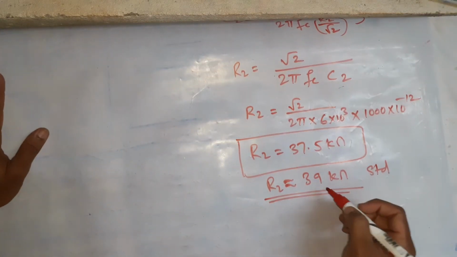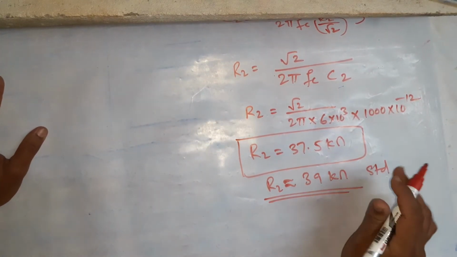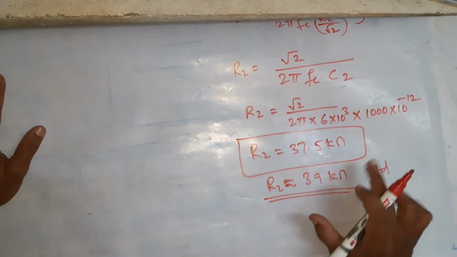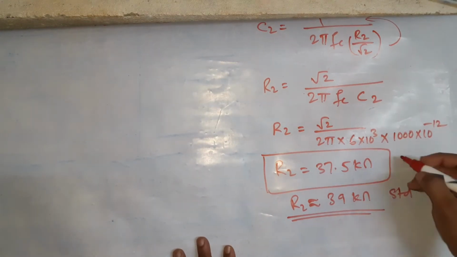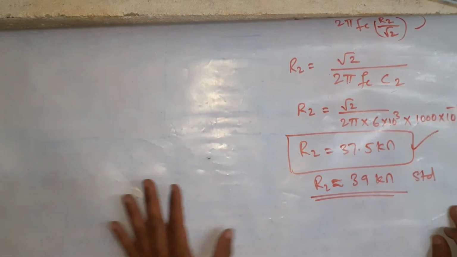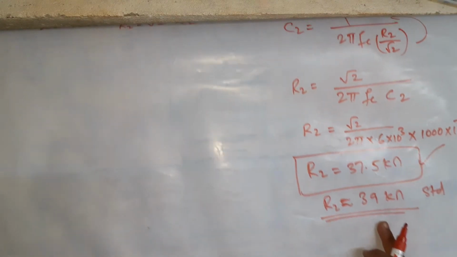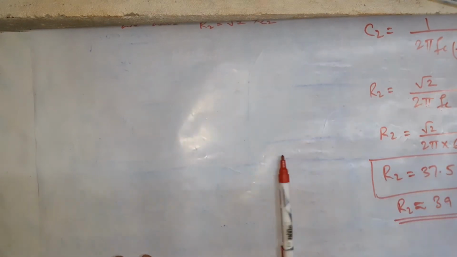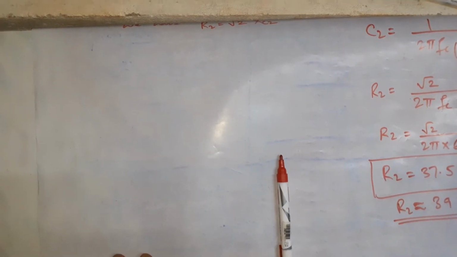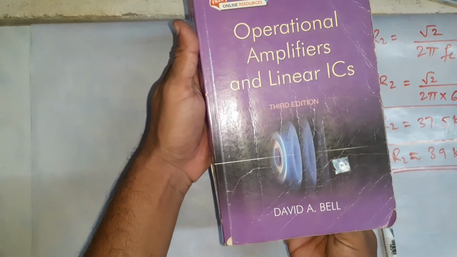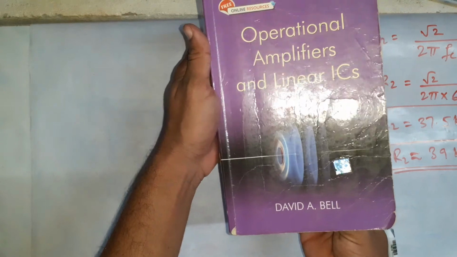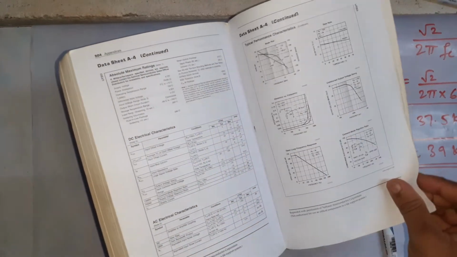If you cannot remember the standard values, don't mind this, okay? Don't take tension for the standard values. You can keep your answer till here. Anyway, a detailed chart of standard values will be provided to you. Let me show you where the standard values are. This is your David Bell book, Operational Amplifier and Linear ICs. At the end, in the last few pages, if you turn back, you will find the data sheets.